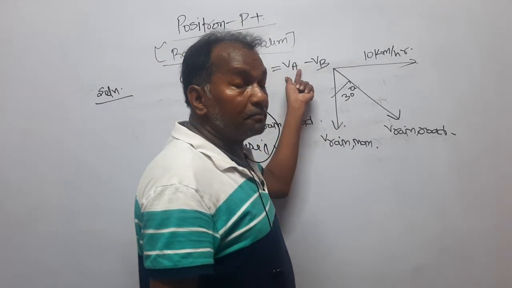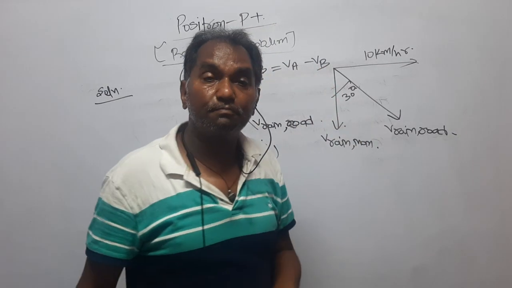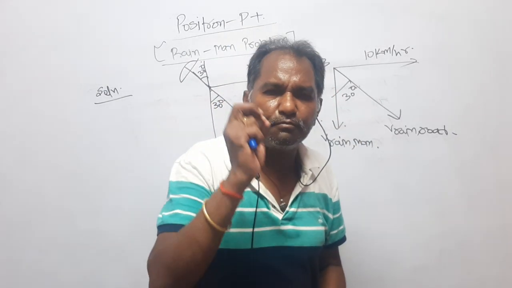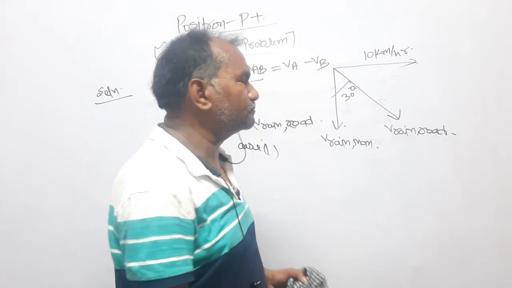Now, velocity of A with respect to which observer, or velocity of B with respect to which observer? When you say that motion is not an absolute quantity, it should be defined with respect to an observer.